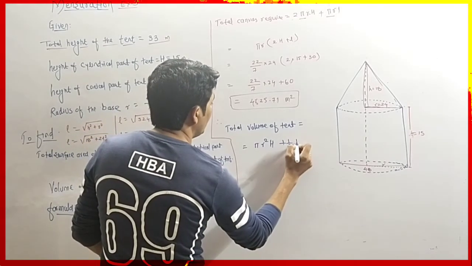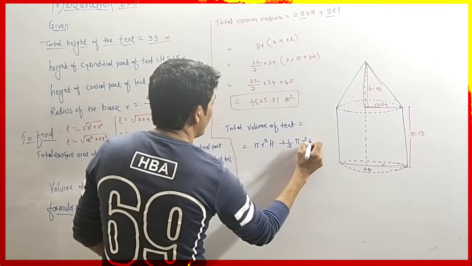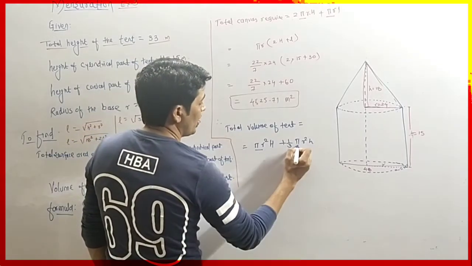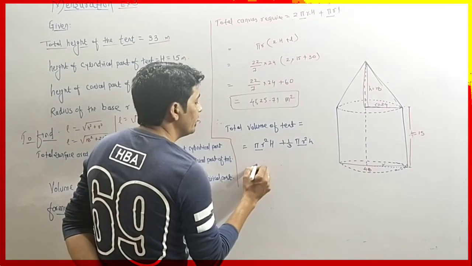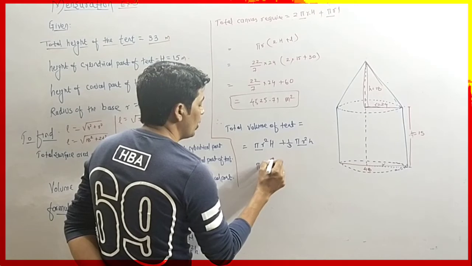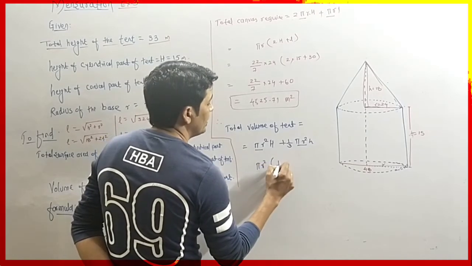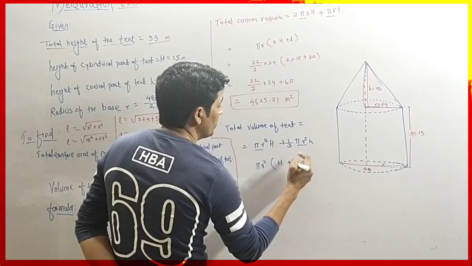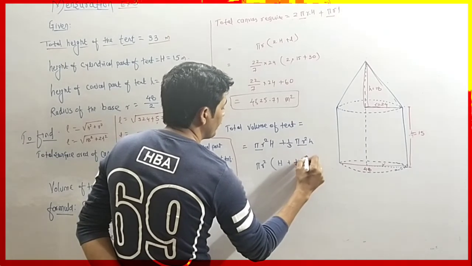So here we again have pi r square common, so we take pi r square common. So what will remain here? It will remain h plus 1 by 3 of h.